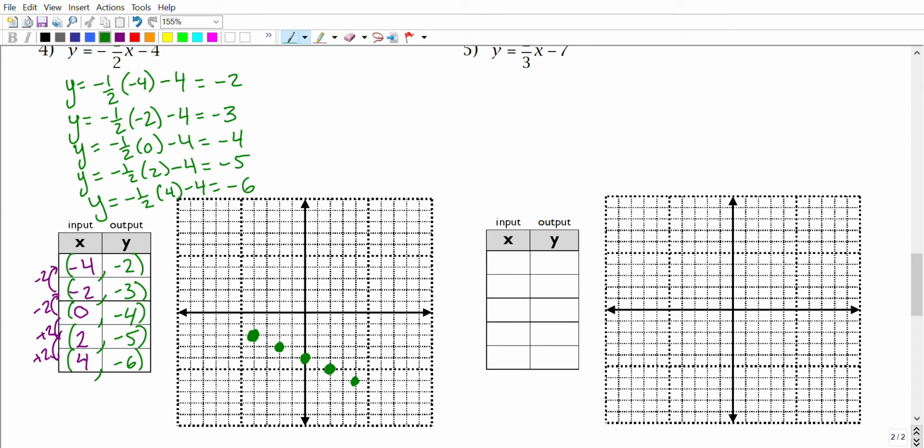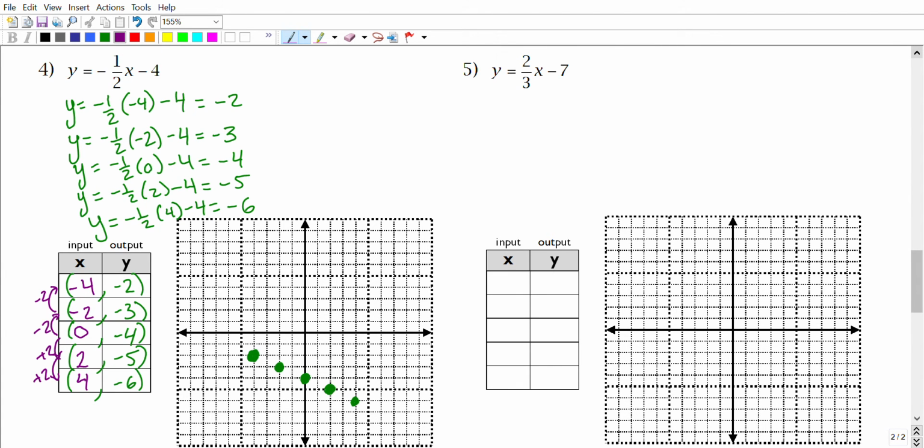So once again, guys, let me make it clear why we went up and down by 2. Let's pretend for a second that I didn't go by 2 on my table of values. If I had found something like, you know how in the previous one we did negative 1 as one of our input values, negative 1 would fall somewhere here, which is okay for our x value, but our y value, we're not quite sure where it falls.